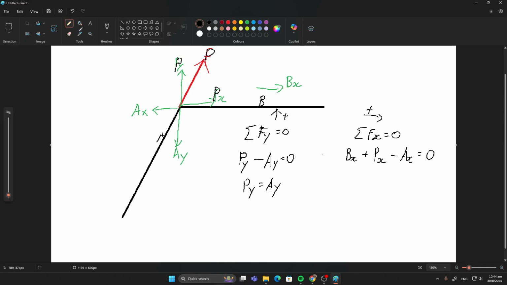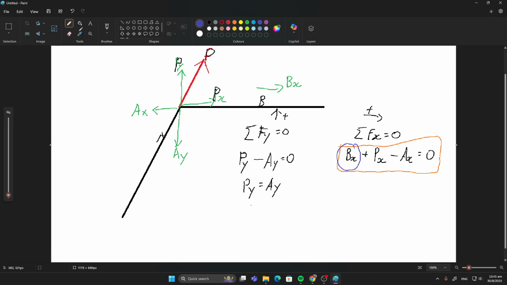If I look at my x alone, I can safely assume that B should have some form of value or magnitude to it. Am I right? But here comes the part where I explain why this has no value. If you come back to your y, the resultant force of y, Py equals Ay.